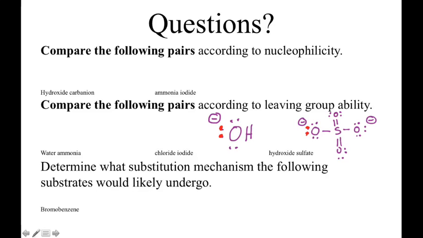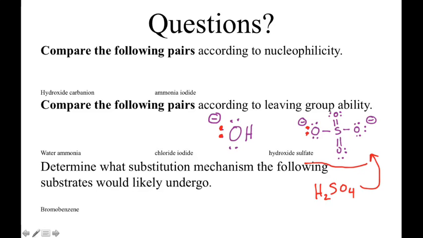If we move over to the sulfate, that one might be a little bit trickier to evaluate because it looks like we have two negative charges. We might say, oh, that's pretty bad. Except what happens when we add hydrogens to our sulfate? We form H2SO4. What do you know about H2SO4? Strong acid. By definition, a strong acid completely dissociates into the ions.